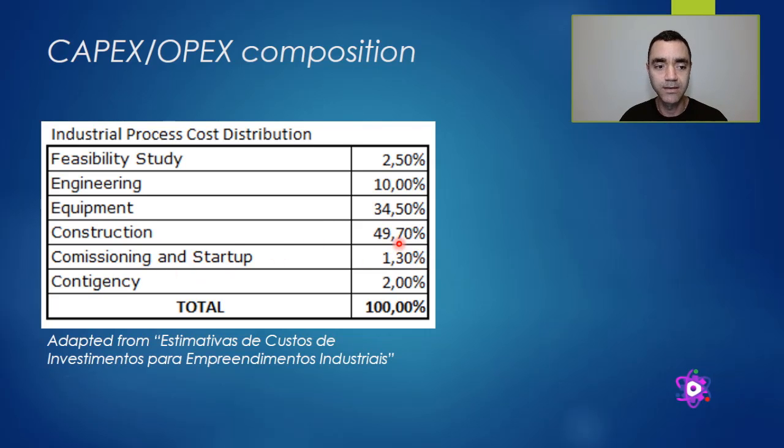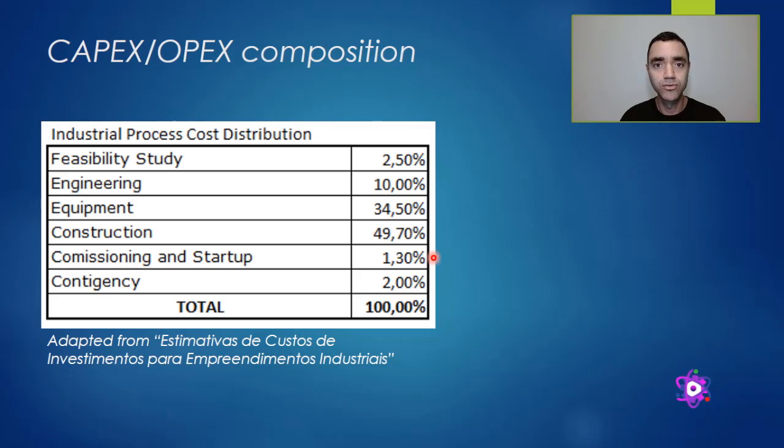It's lower than the cost with equipment and construction, and you need to have a contingency that will depend on the phase of the project that you are doing cost estimates. Here, let's consider that we are in a class 5 cost estimate, so we don't have too much definition.